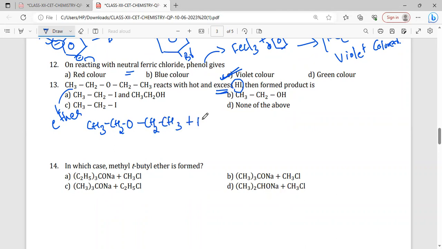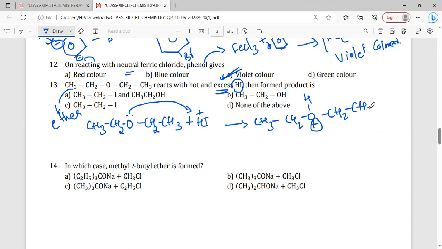First thing is protonation, right? The lone pair of electrons on oxygen will attack this H plus and it will get protonated. Now, in the second step, what happens? This I minus will attack either of these, because both are symmetric in nature. It's a symmetrical ether.